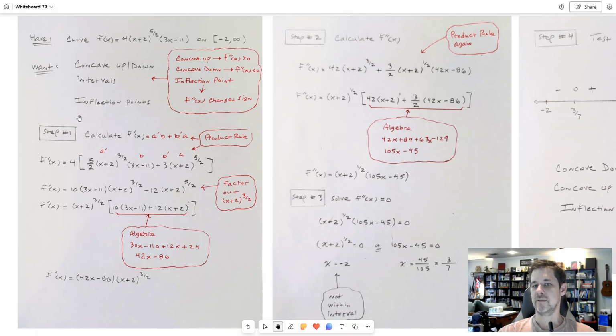I'll look at it as it's 4 times some function a, which is (x + 2)^(5/2), times another function b, which is 3x - 11. So the derivative by the product rule is a prime times b plus b prime times a, and that's what you see here. It's 4, that coefficient, times that.